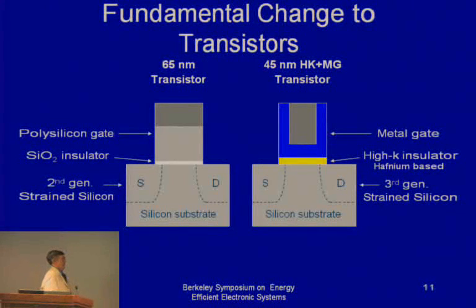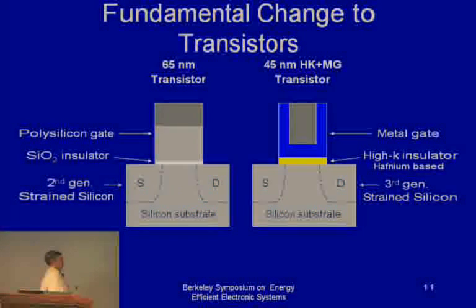But also in parallel, we were introducing strain. The idea with strain, of course, is that by straining the channel, you can increase the mobility of the silicon. This is a concept that originated at Stanford and at MIT. But again, implementing it in the laboratory is different from implementing it in mass production.